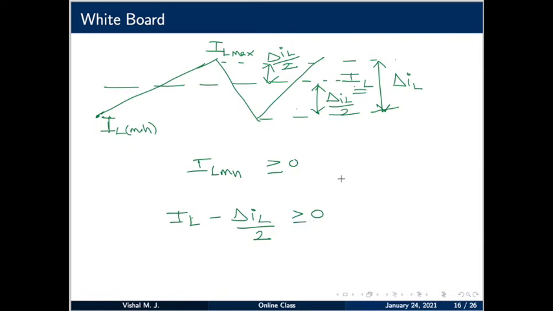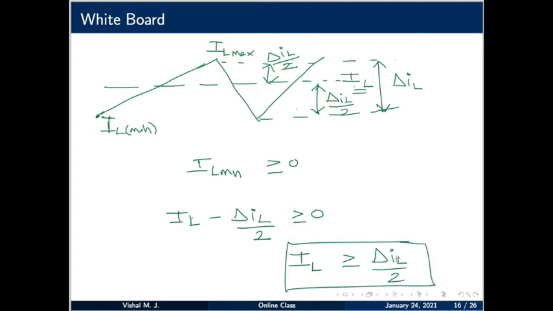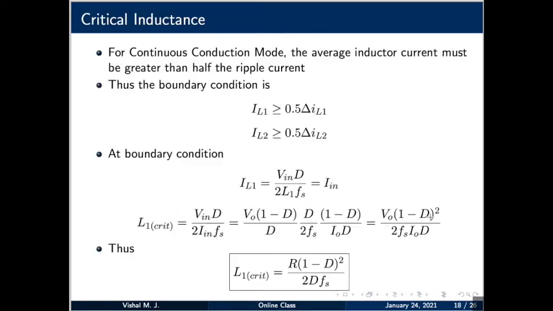When it is equal to 0, it becomes the boundary condition between continuous conduction and discontinuous conduction mode. You take this one to the right side. So, you will get the condition for continuous conduction is that IL should be greater than delta IL by 2. That is, the average inductor current must be more than 50% of the ripple. Once this condition is satisfied, you can be dead sure that the circuit is operating in continuous conduction mode. So, that is what we are going to do now.